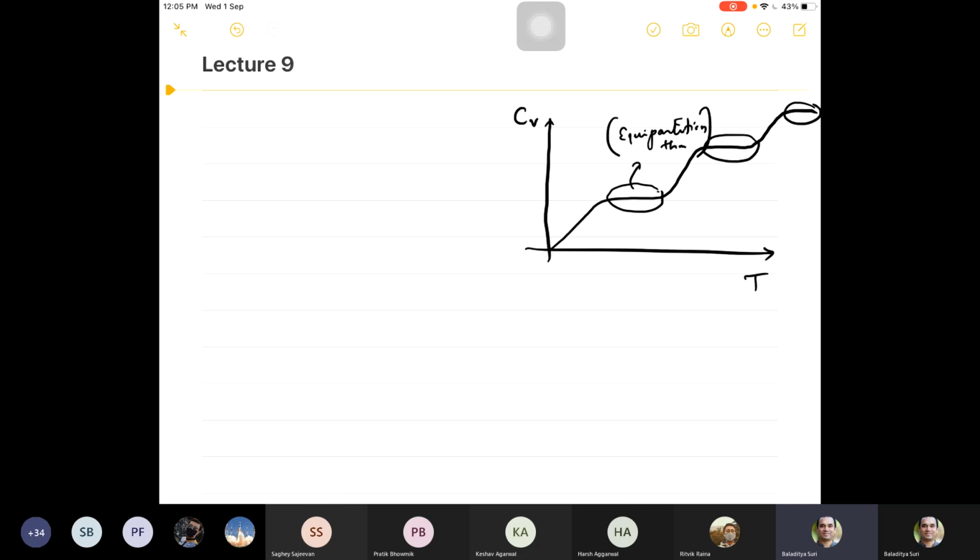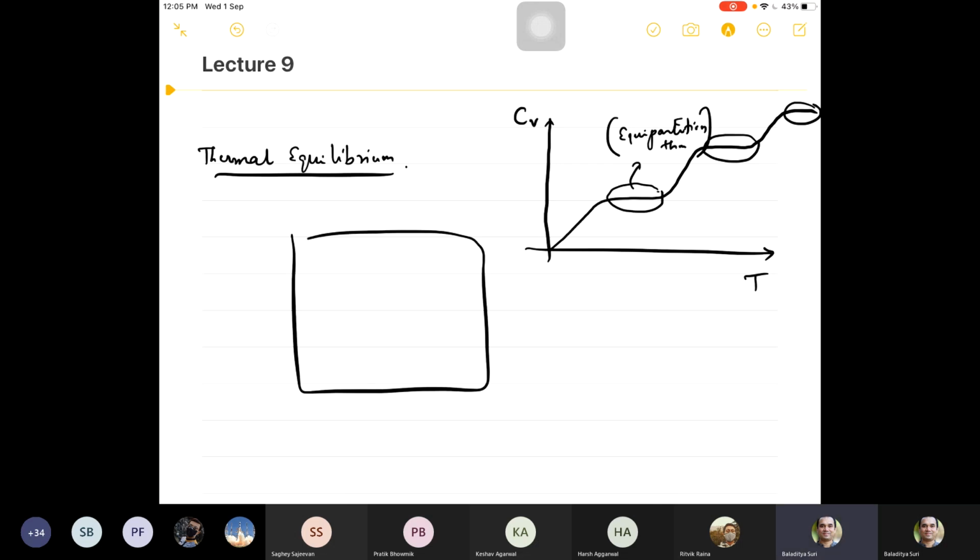let us consider the process of thermal equilibrium. We discussed this qualitatively. So the process of thermal equilibrium is, let us say you have a bath which is at a temperature T, and now you take an object which is at a temperature T1, which is not exactly equal to T, and you place it in contact with this bath.